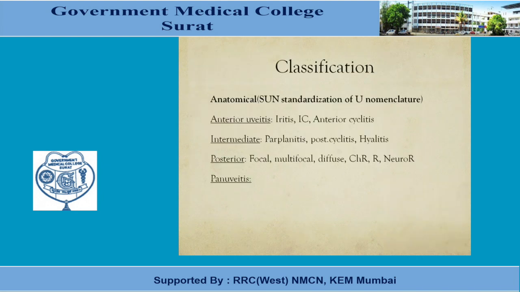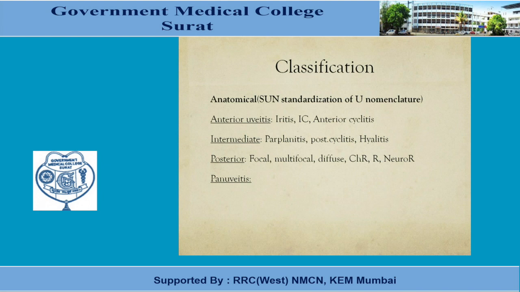Next. How do you classify? As somebody told about the parts. So when we look for the anatomical classification, it's according to the part involved. If it is iris, it is iritis. Ciliary body, it is called cyclitis. Choroid, it will be choroiditis. Wonderful.